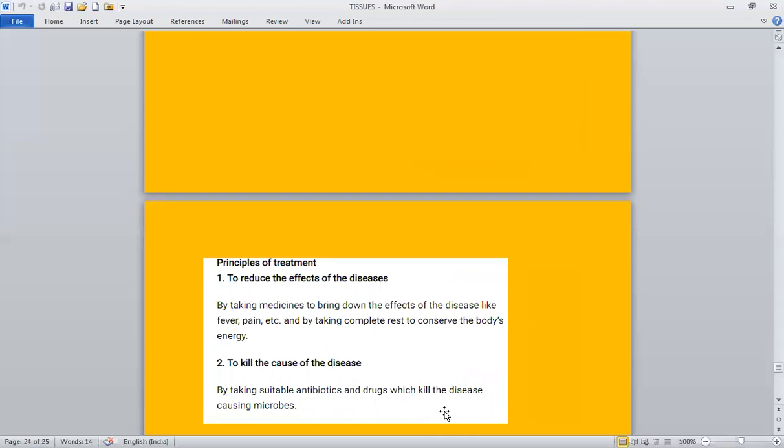So we can say that the severity of the disease and its symptoms depend upon the number of microbes present in a body. When our lungs are targeted, what are the symptoms?